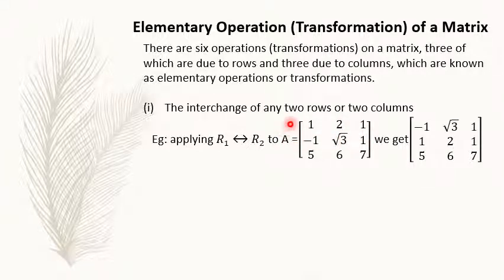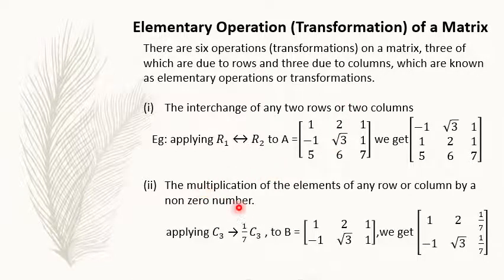The second row becomes the first row. So, this is the matrix obtained after applying this elementary operation. That is, if we have a matrix, then we can interchange the rows or similarly we can interchange the columns.